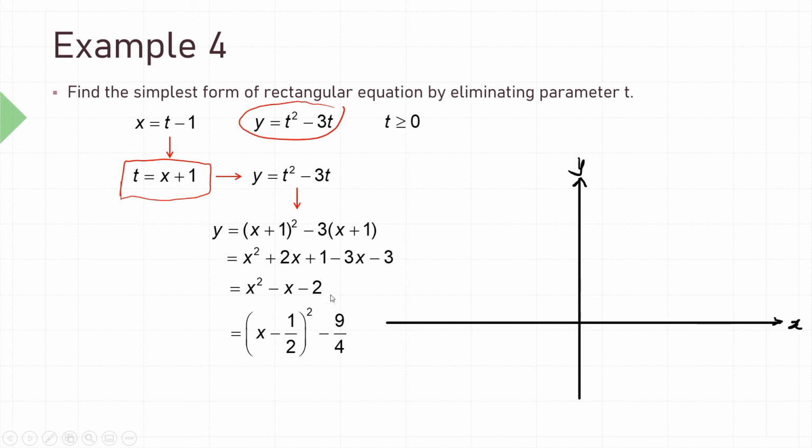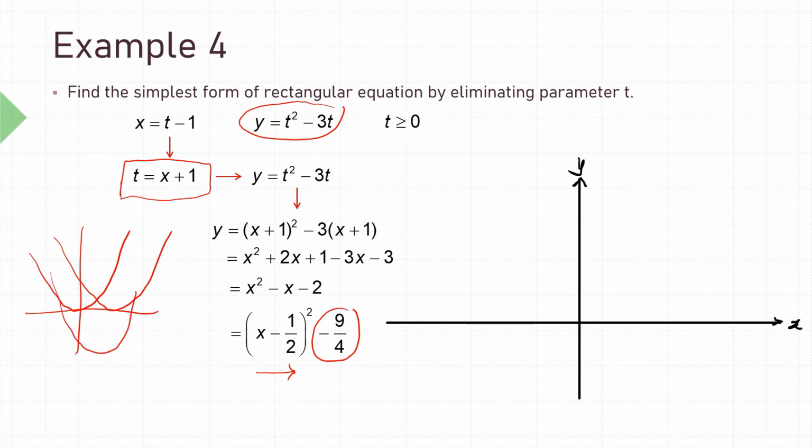So what does this mean? Initially this is y equal to x squared, but since x is now shifted by half a unit to the right, it's something like this. It's shifted half a unit to the right, and this value represents that it is shifted downwards by 9 over 4.